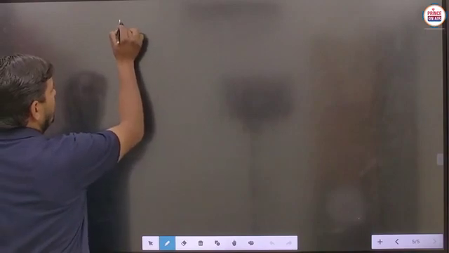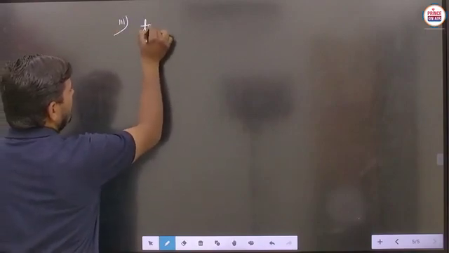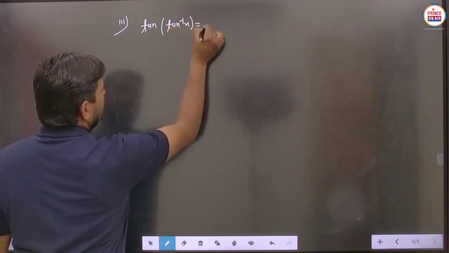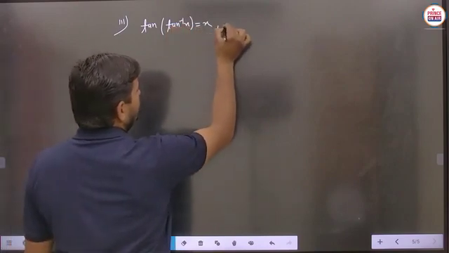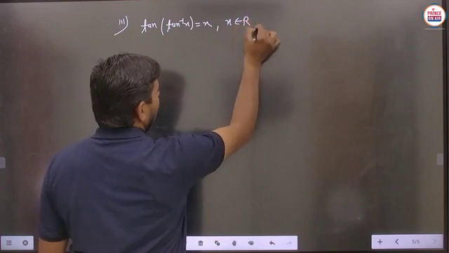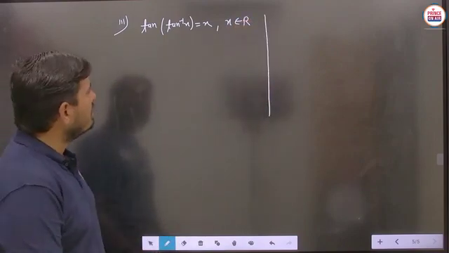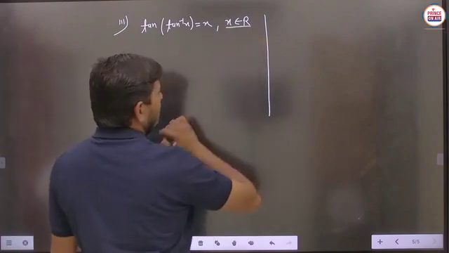So in the third part, we are saying that tan of tan inverse x will be x if x belongs to R, because here we just have to see the region behind this.